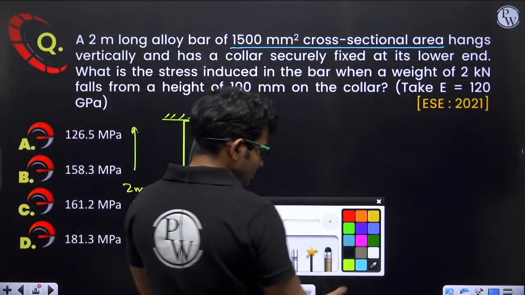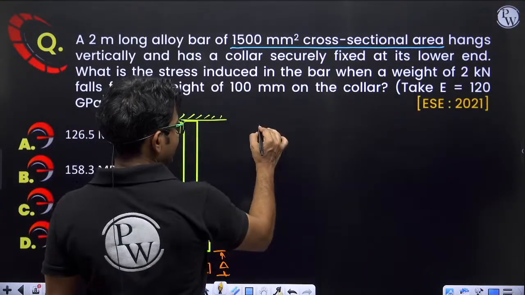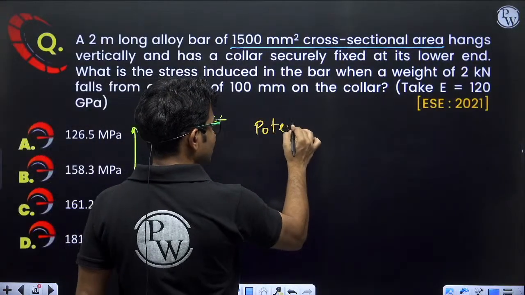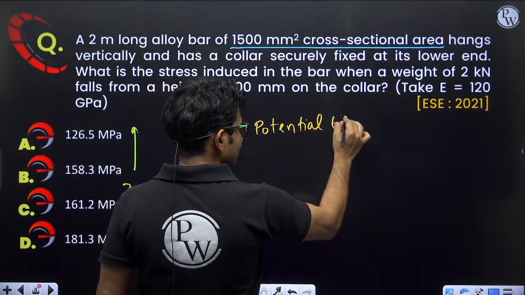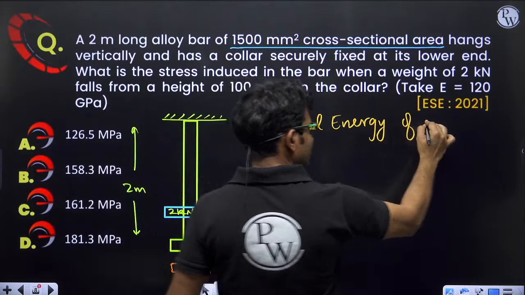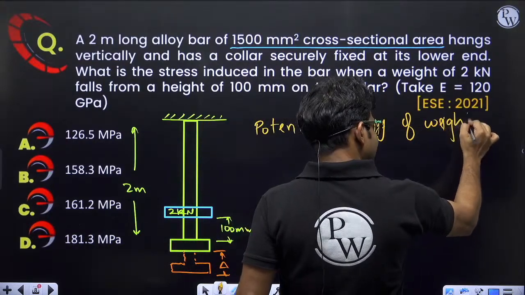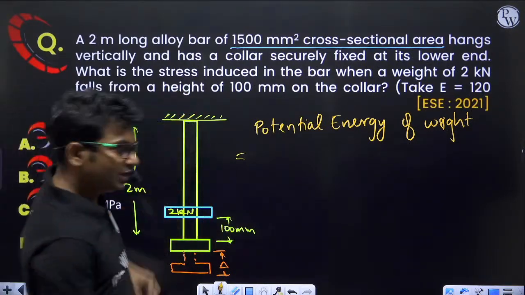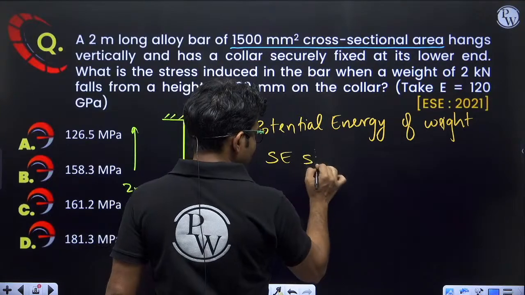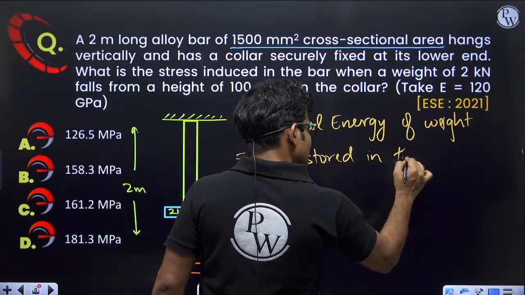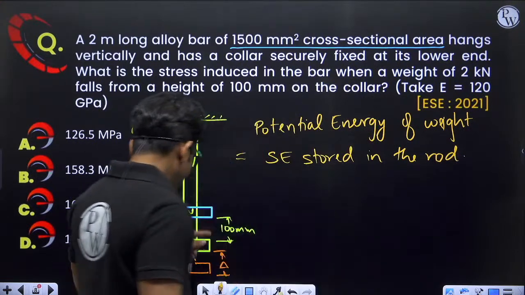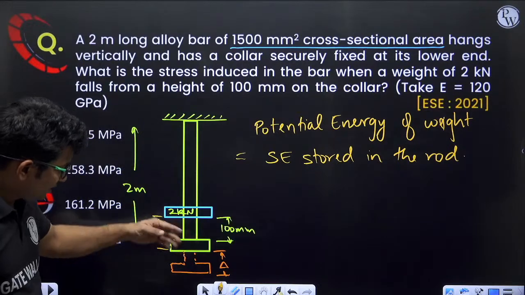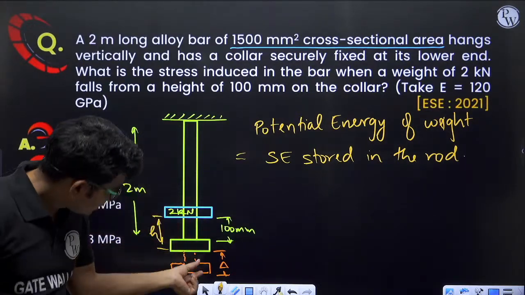From conservation of energy, the initial potential energy of the weight will be equal to the strain energy stored in the rod. Let us say this height is h. From h height this weight is dropped, and up till here the elongation is delta.